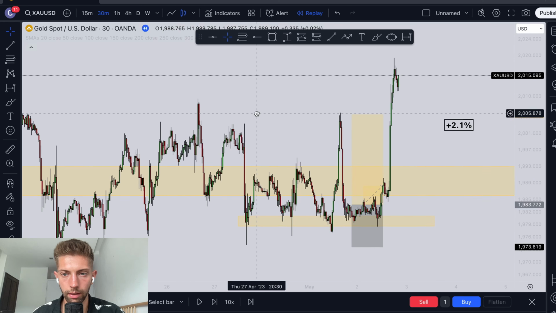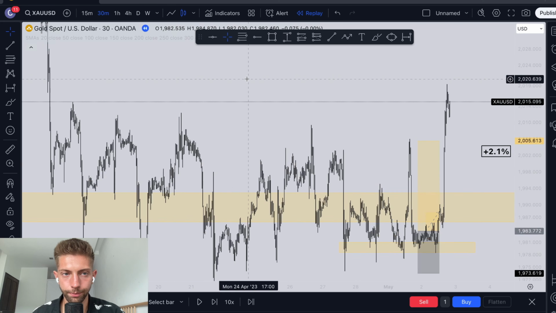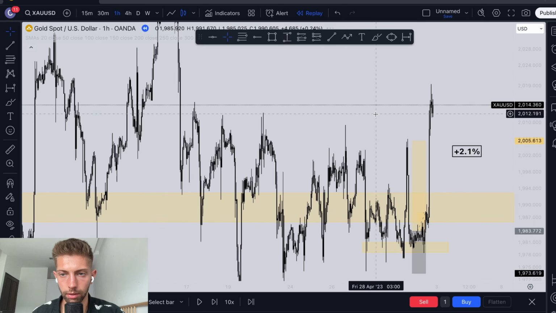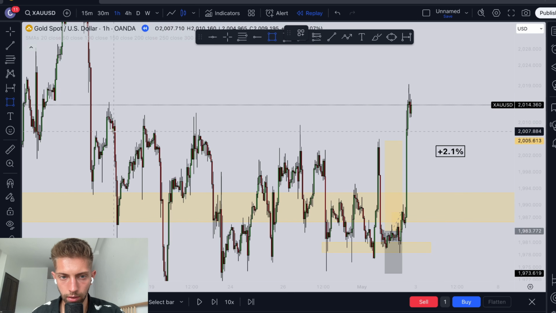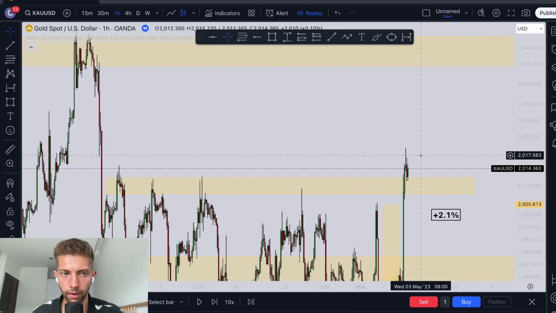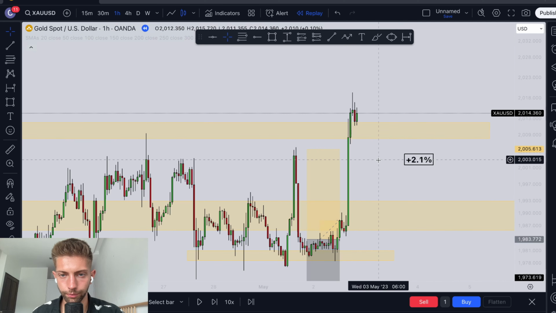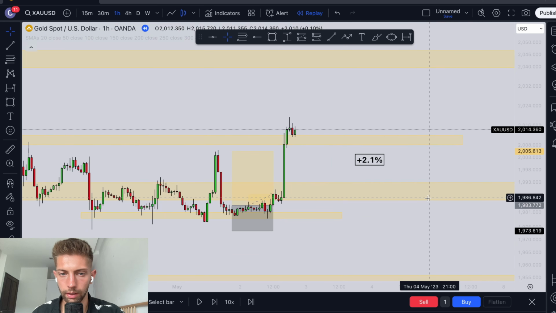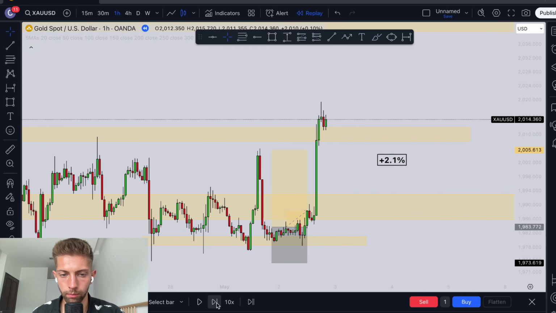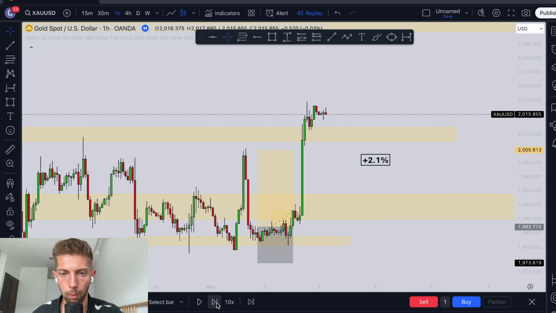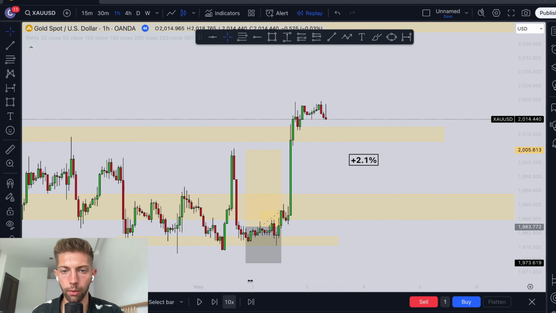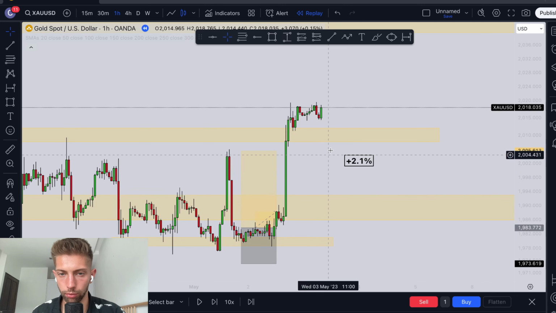And yeah, we broke structure again. I will draw some key levels right here, like this. Okay, right now what I want to see is a pullback to this key level.